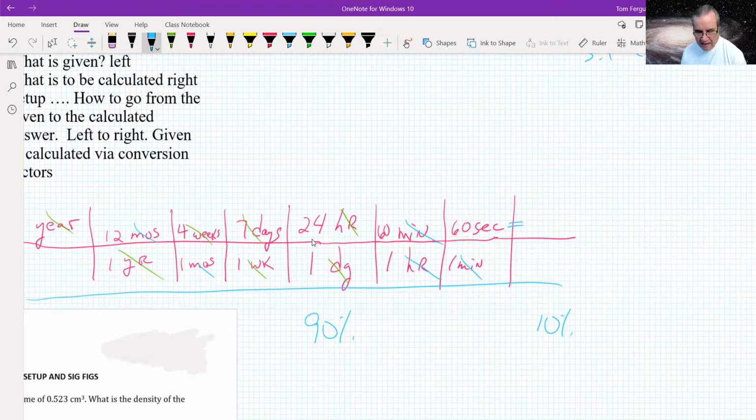That's why I give you more credit for the setup than the actual answer. Now 90% is an A in this class. So that means you could go through this whole set of problems without using a calculator and getting 90% for each one of them and still get an A on the test, assuming there was a bunch of conversion problems. Okay, so to do this problem, in our calculator, we're just going to multiply everything on the top, divide everything on the bottom. Are there any questions so far as to this setup?